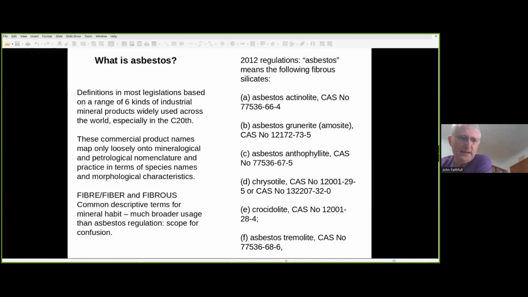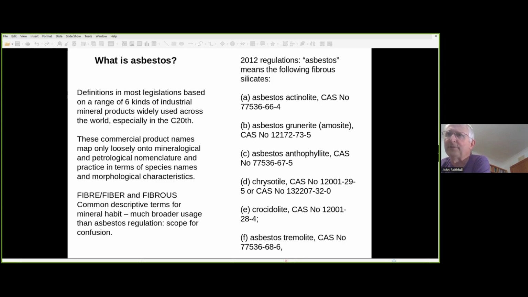There are things like richterite and winchite, which have been associated with very severe asbestos disease in places like Libby, Montana, where vermiculite was produced from an altered alkaline complex, and the vermiculite was intergrown with acicular amphiboles, and those acicular amphiboles have had a catastrophic effect.